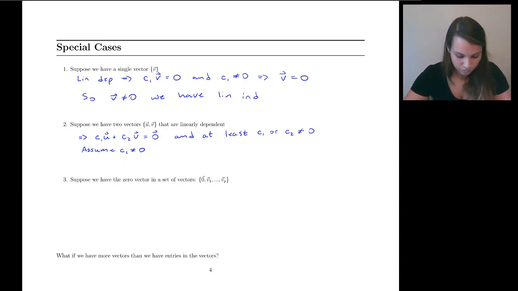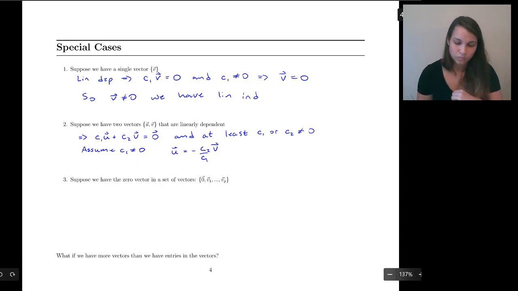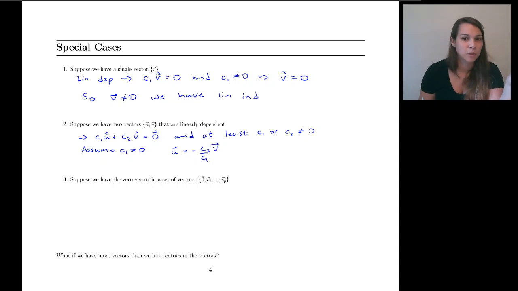Okay. So if we assume C1 isn't 0, then we can say that U would be equal to negative C2 V over C1, and we're allowed to divide by C1 because I said C1 wasn't 0. That's the important part of saying C1 wasn't 0.